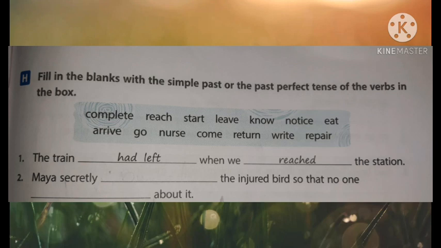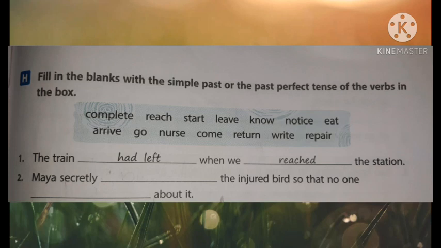Then past perfect tense, subject plus had plus V3. So in the box some verbs are given: complete, reach, start, leave, know, notice, eat, arrive, go, nurse, come, return, write, repair. So we have to use either the simple past form or the past perfect form of these verbs.